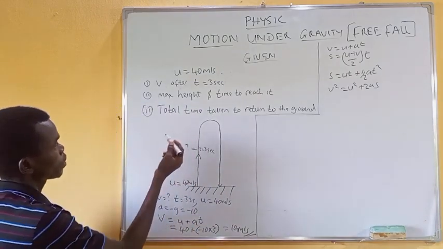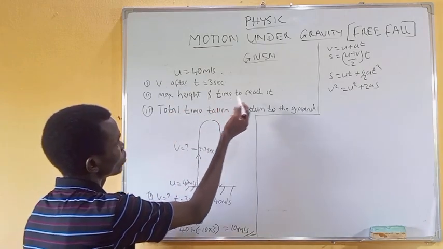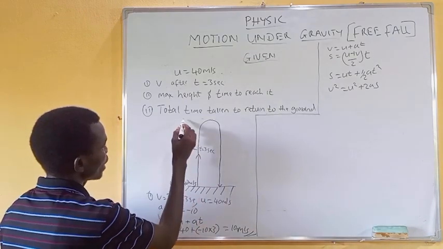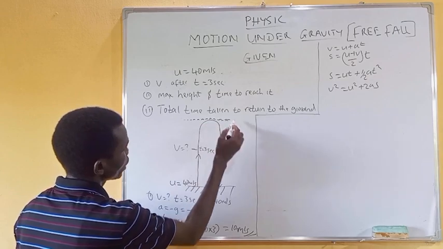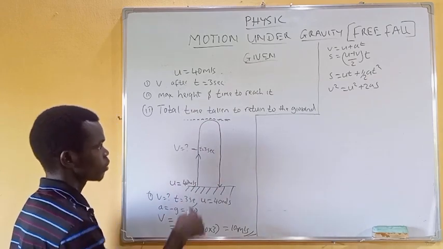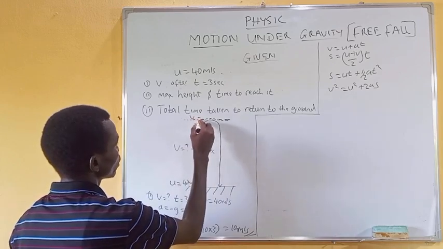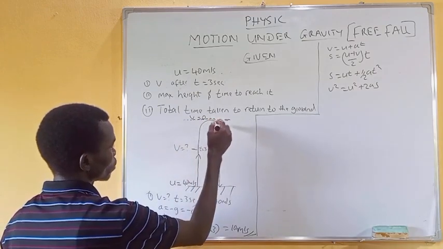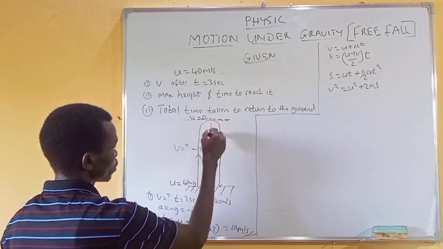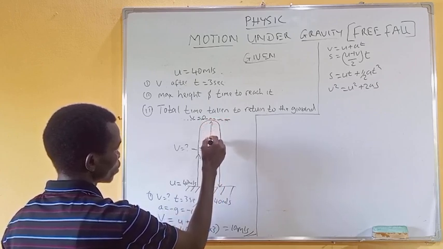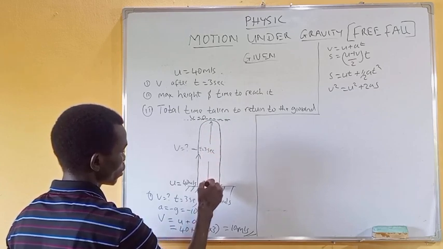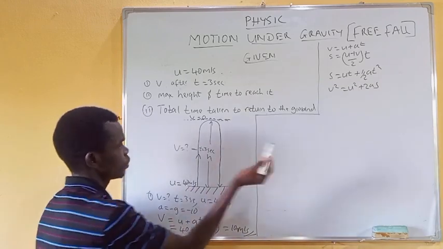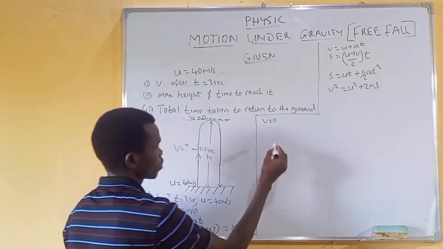In question 2, we are asked to find the maximum height and the time to reach the maximum height. We said that at the highest point, where it returns downward, velocity is equal to 0. And we are asked to calculate the maximum height. With the given, we have V equals to 0.